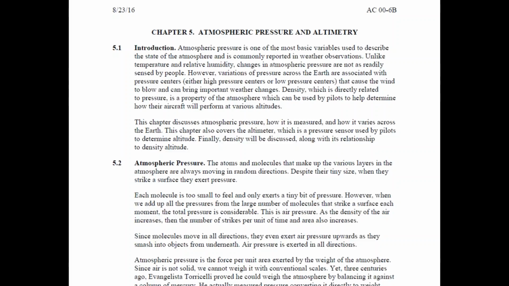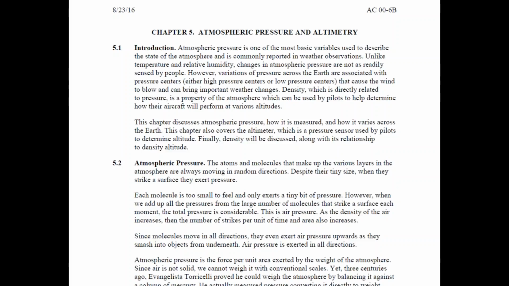There are different levels of pressure, but basically, air has pressure. Air pressure is a way of measuring how much the air weighs, right?